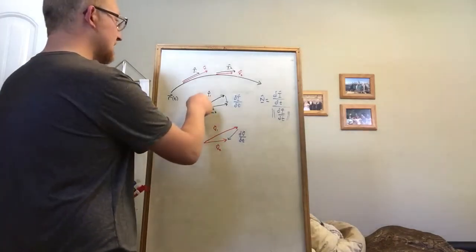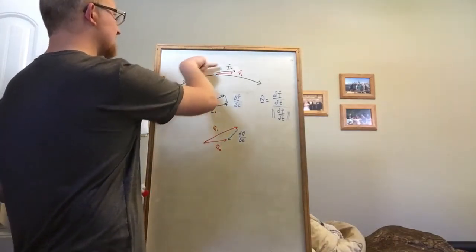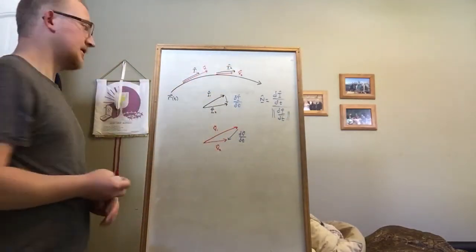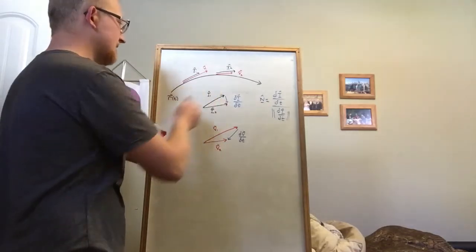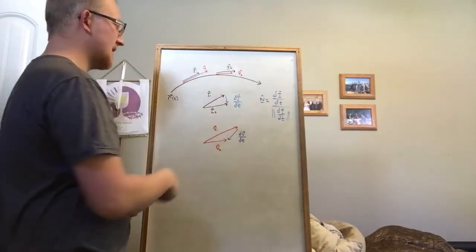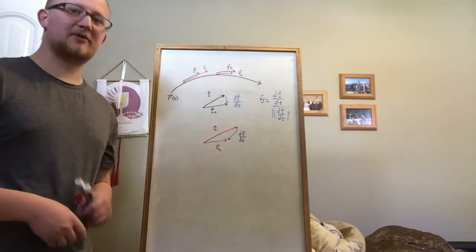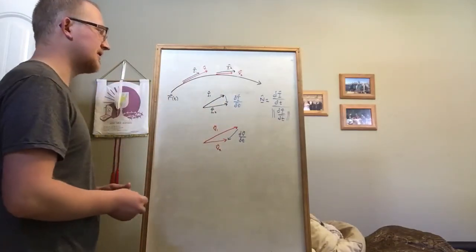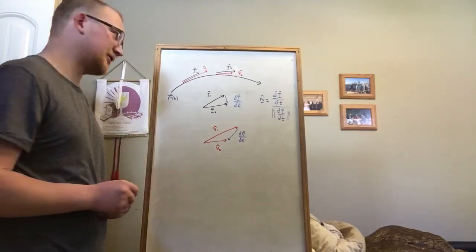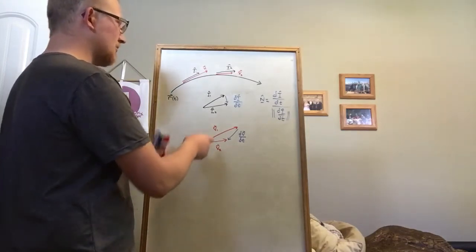Whereas going from tangent vector 1 to tangent vector 2, they're the same length, so we end up with this nice centered arrow. This blue arrow is pointing to the center of curvature, the very center of the circle at that given point. That's kind of cool.